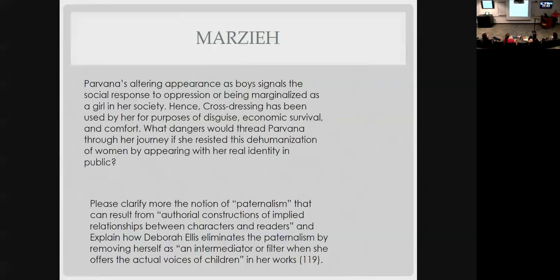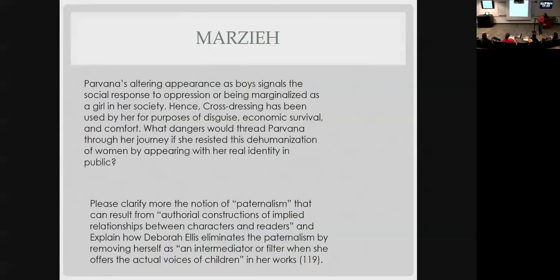Well, if she's just serving as a collector of these stories, then she doesn't filter, and that is a way of eliminating the paternalism. But the very act of creating these collections might be a form of paternalism. I don't know.